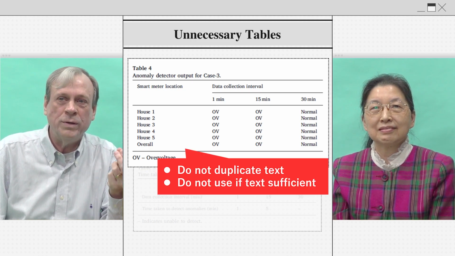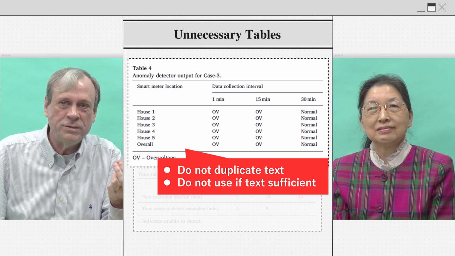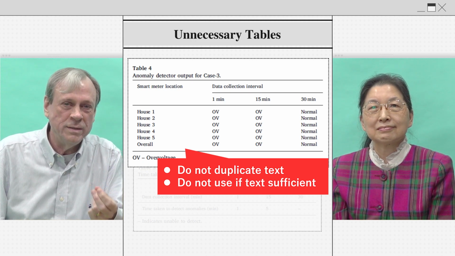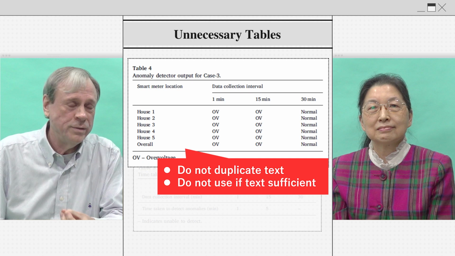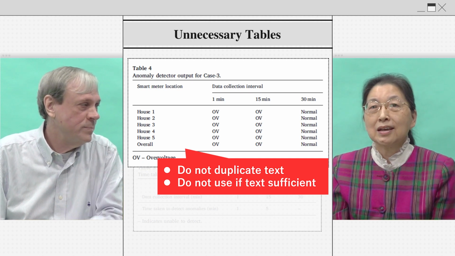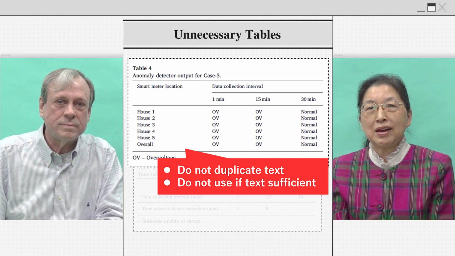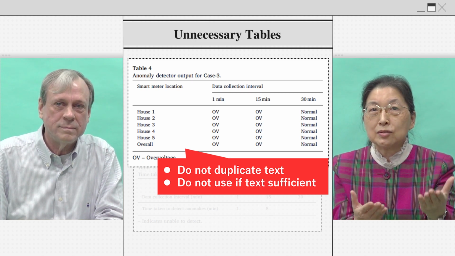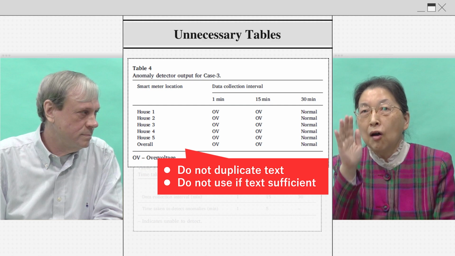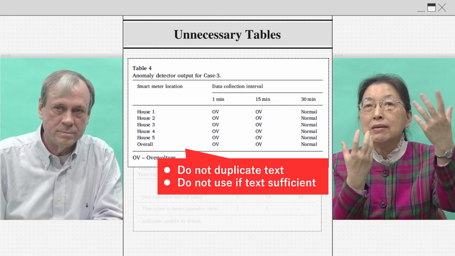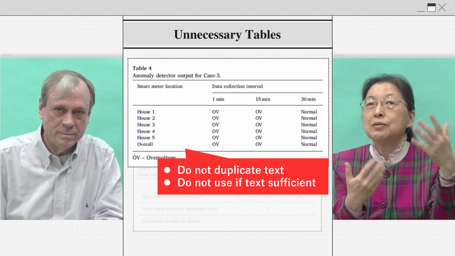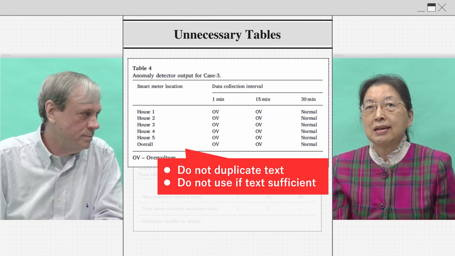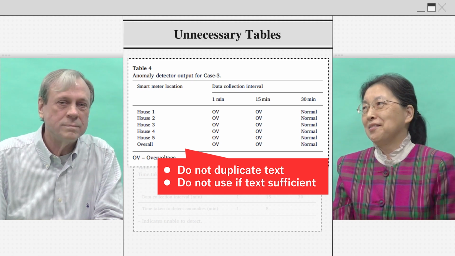Every house showed an overvoltage at 1 minute and 15 minutes and returned to normal by 30 minutes. Unless you want to illustrate that I have good data, I have evidence to show you that they are all the same. Let me provide a table to illustrate that. In that case, it's not unnecessary.